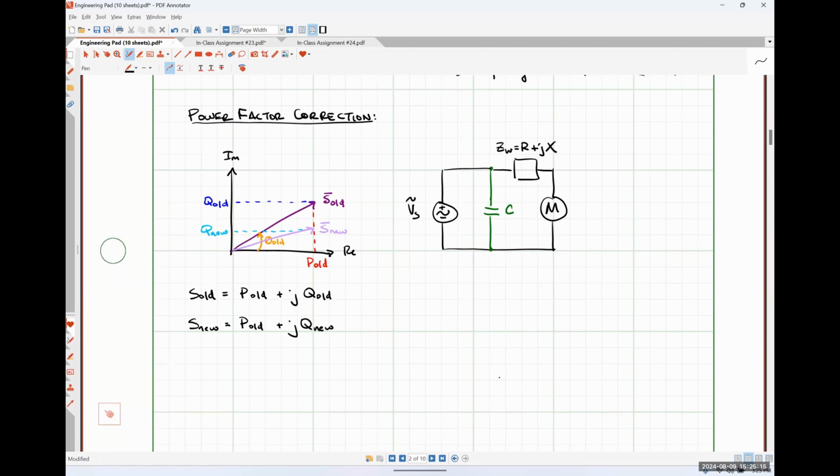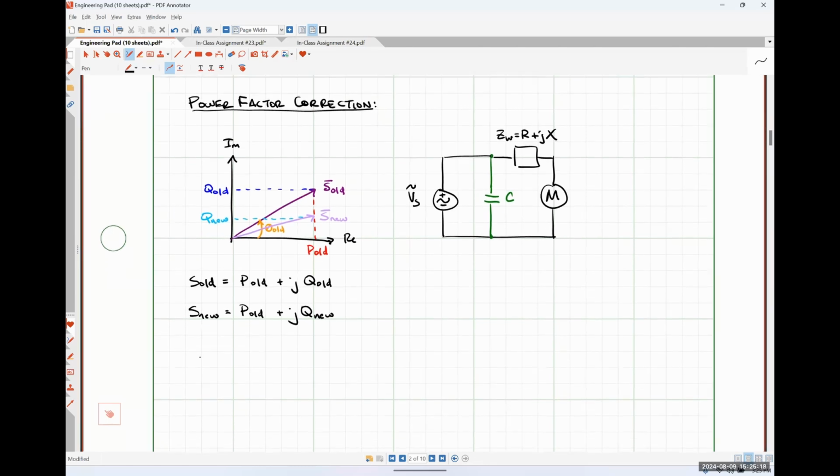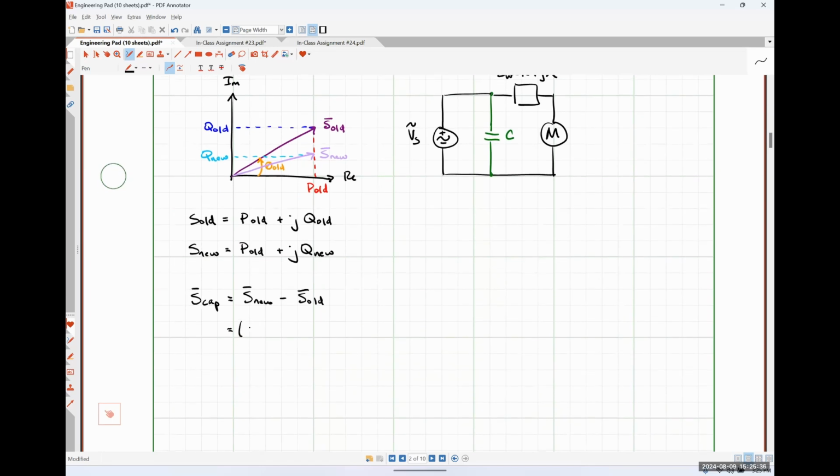So the complex power that is being provided by our capacitance, let's call that S cap, is simply S new minus S old, which looks like P old plus jQ new, minus P old plus jQ old.